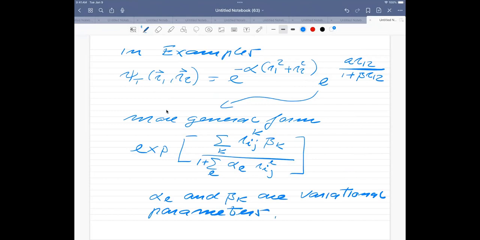Now, the one body part is the simple piece to include in the calculations. The one which causes problems for us is actually the Hjorth factor here, especially when we have to calculate the second derivative. Because for the calculation of the local energy, we need the second derivative of this part.